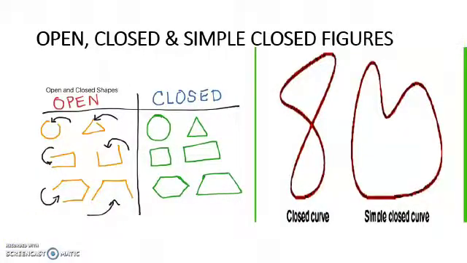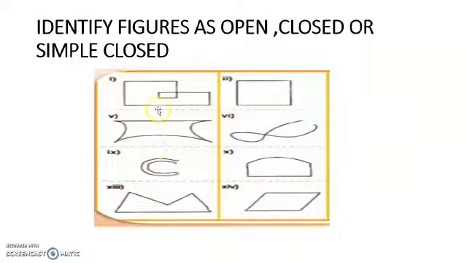Now let us move further and do some brainstorming here. You can see here this is overlapping. So this is a closed figure, but here there is no overlapping. So this is a simple closed figure. Here also there is no overlapping. So simple closed figure. Here you can see it is starting from here, moving all around, and it has an opening.